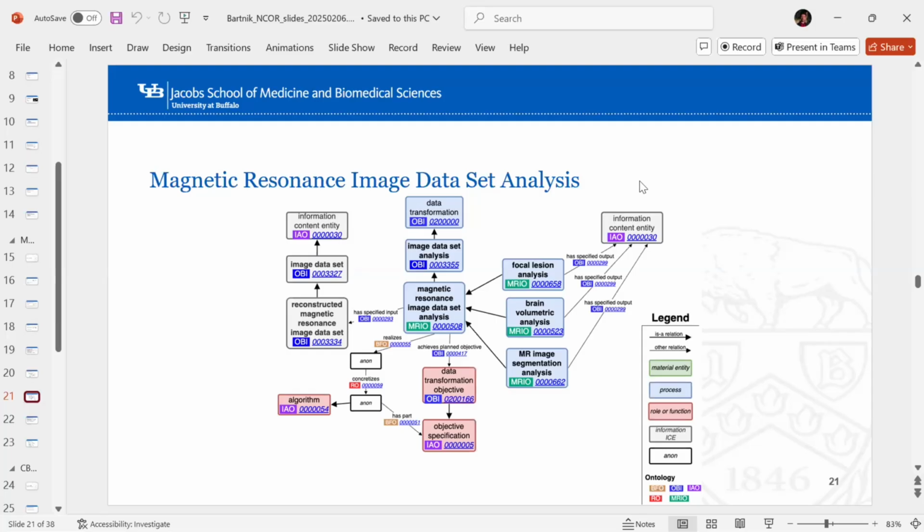So you start with your person in a scanner. They go through the whole process of acquiring the image with the pulse sequence protocols. You get your reconstructed MRI data set out of that. You do your analysis, and then you get some information content entity derived from all of that. And so whenever we work with our neuroimaging data in the real world, we're mostly concerned with our ICEs that we get out of these analyses.